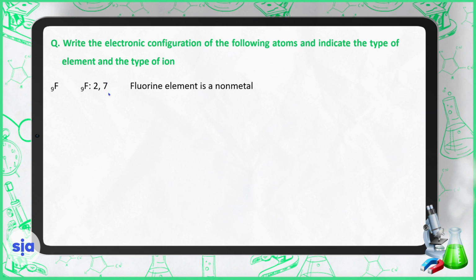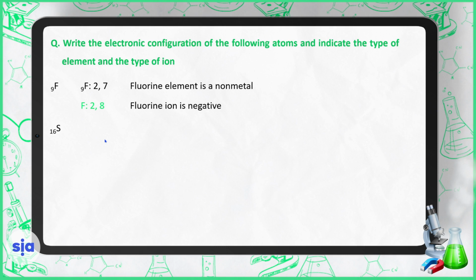Why? Because it has more than 4 electrons in its outer energy level. When it will participate in a chemical reaction, it will gain 1 electron for the outer energy level to be filled with 8 electrons, and it will turn into a negative ion.